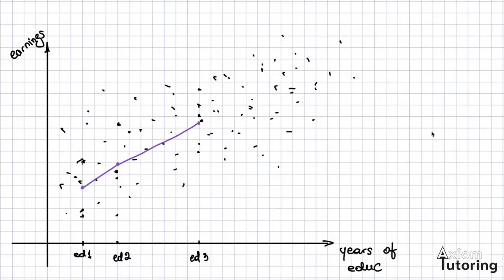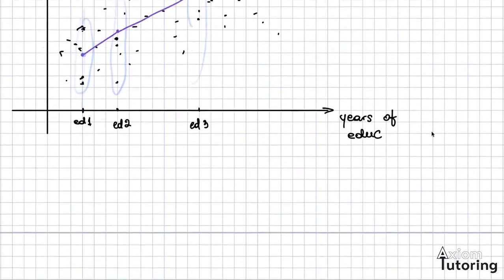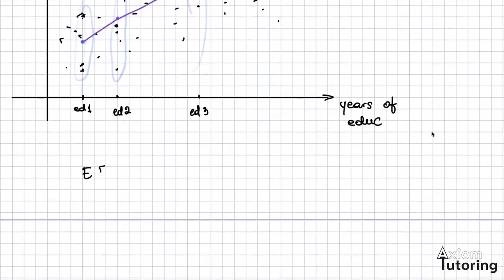So what you have done is to literally pick the average of all of your earnings for this particular level of education, plot it, do the same thing repeatedly for all the levels of education, and then just connect those dots. What you have seen mathematically most of the time, though, is the following expression: the expectation of y conditional on x.